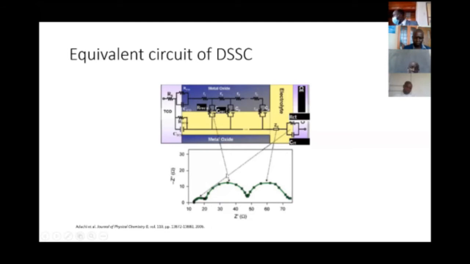And then we also have a recombination resistance at the anode, and then we have the chemical capacitance because of the double layers of TiO2 and the FTO glass substrate. So usually the EIS will give a curve which is like this.